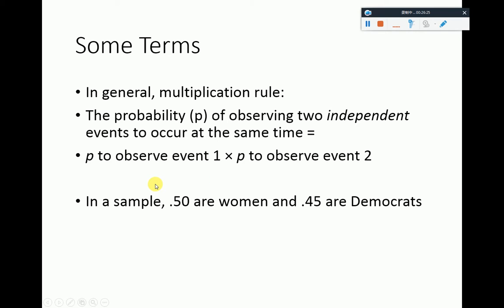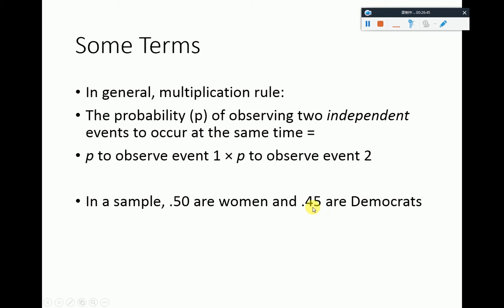So let's change our example to see whether or not we truly understand this. In a sample, the relative frequency of observing women is 0.5. That is, it's equally likely to observe a woman as a man.